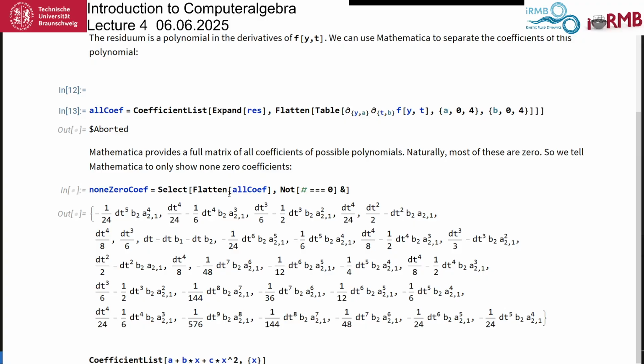Then from this big matrix we would flatten that big matrix, and we would select everything that is not zero. So this can be done by this select and using this lambda function. So what's an important question for the exam? What does this triple equal sign mean?